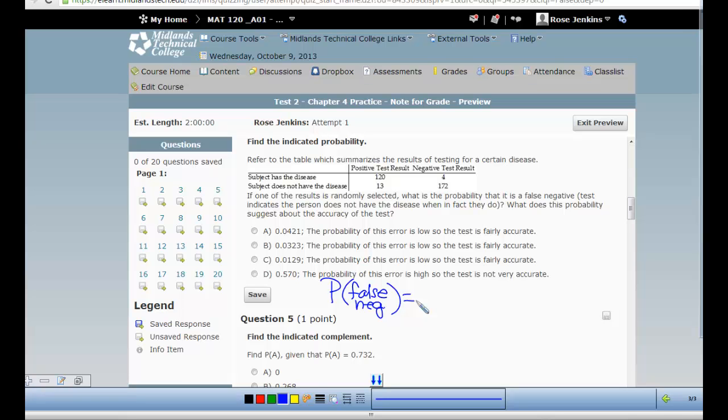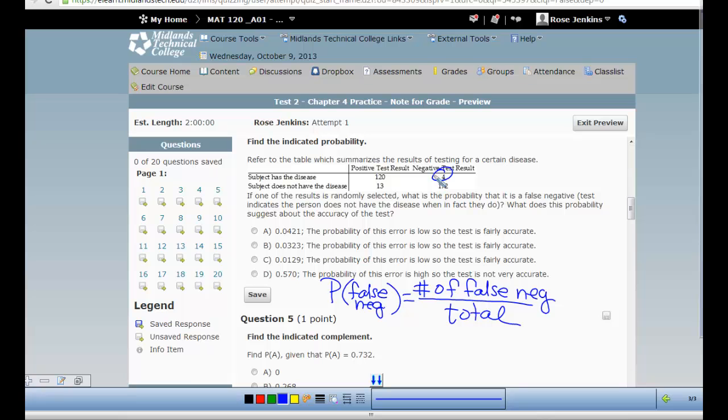Relative frequency, classical. Those are pretty much the same, just different sources. So the number of what? False negatives, and we're going to divide that by the total. Very good. The test results say the person doesn't have the disease when in actuality they do.